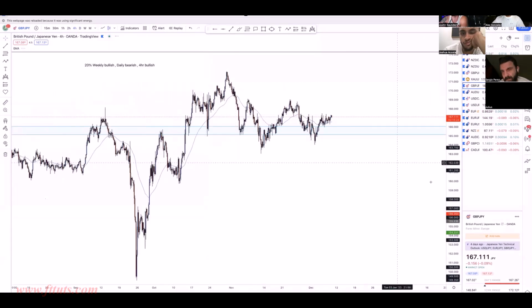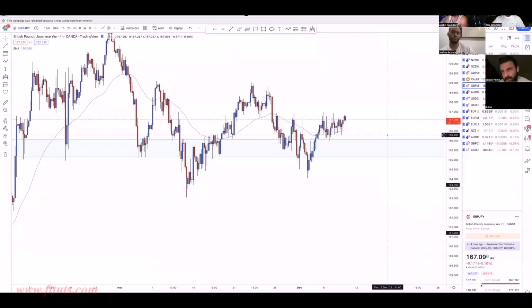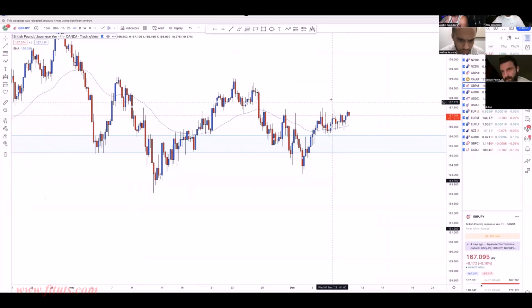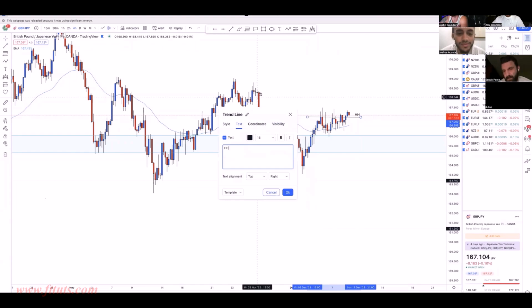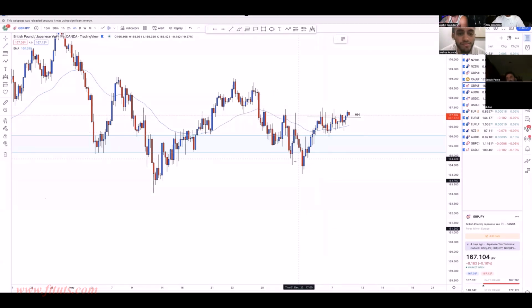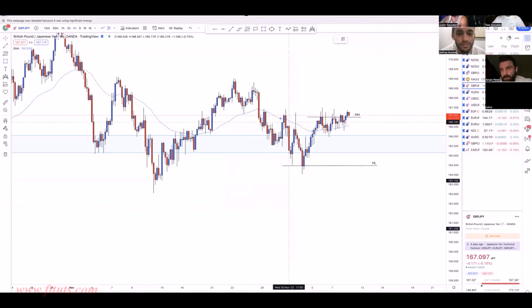If this were to be the higher high, which we basically already missed the trade, but the moment this shifts to bullish, let's say this would be the higher high. We'll go higher high, and then right here we'll go higher low. What do we get? Our zone.